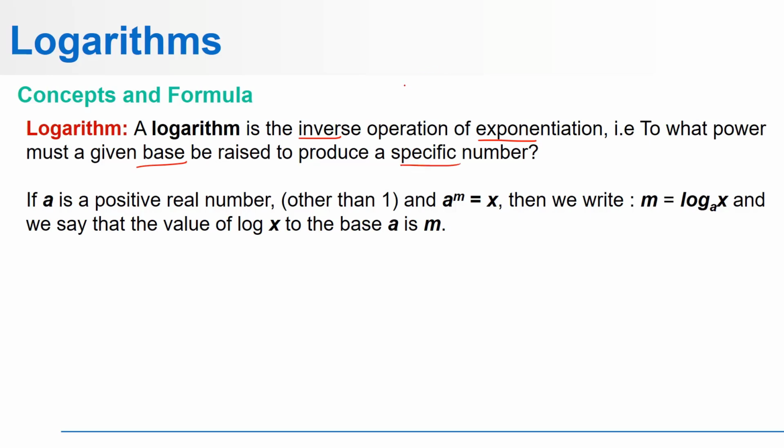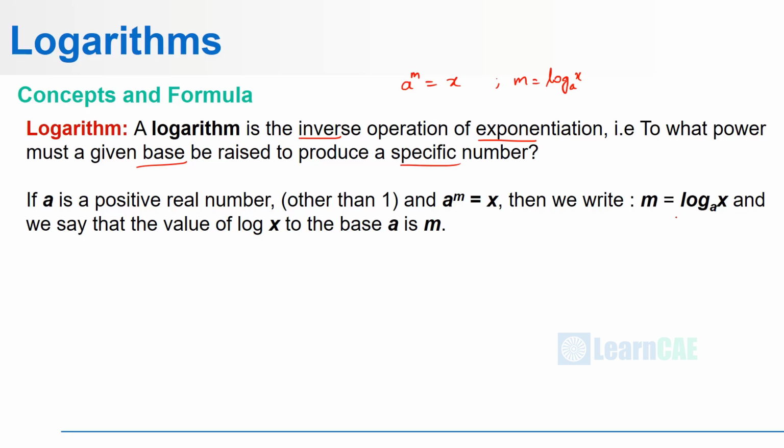That is, for example, if there is a base a and we can raise it to power m so that the value will become x, then to find out the value of m, we can take log of x to the base a. Okay, that is, if a is a positive real number other than 1, then a power m is equal to x.